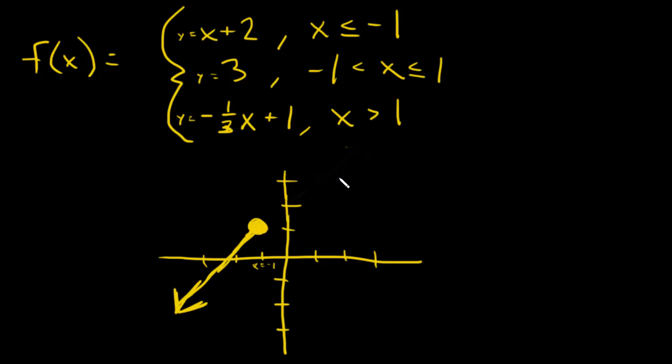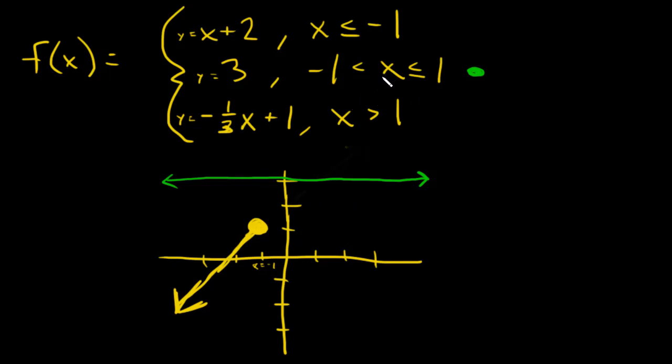Now for the next one, which if I had been thinking I would have done all along, I'm going to do this one in green. So here we go. Y equals 3. What does that look like? Well, y equals 3 is a horizontal line at, wouldn't you know it, y equals 3. Okay? Now, where is it restricted?